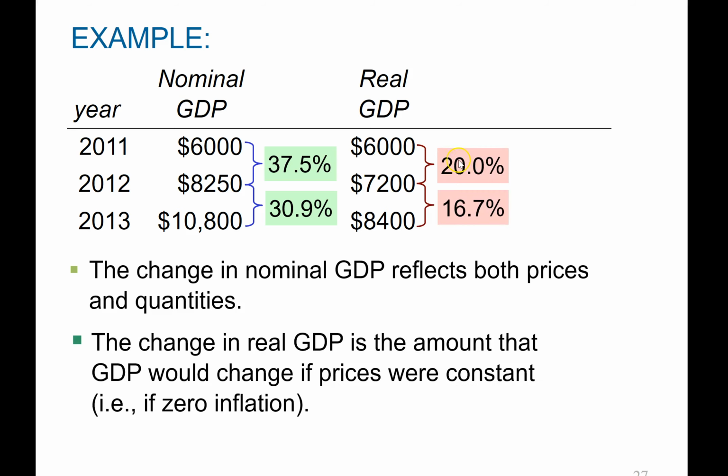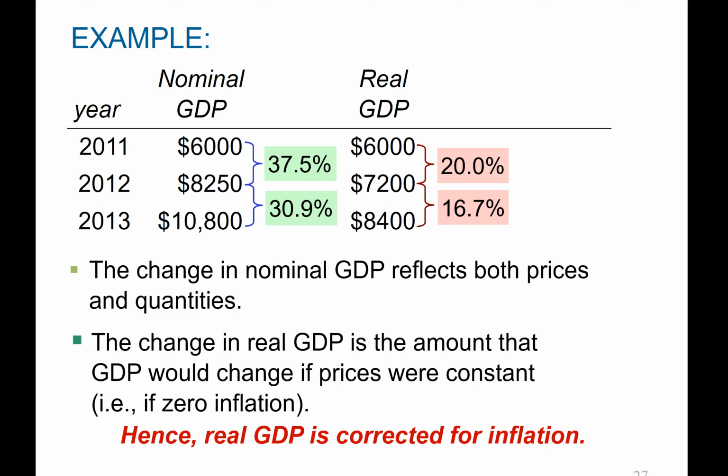And real GDP gave us a much more accurate measure that got a lot more close to the actual value. What we see from this is that the change in real GDP is the amount that GDP would have changed if prices were constant. And it goes back to that idea that it gives us an increase in actual production rather than measuring inflation in there with it. So real GDP then, by definition, is corrected for inflation.